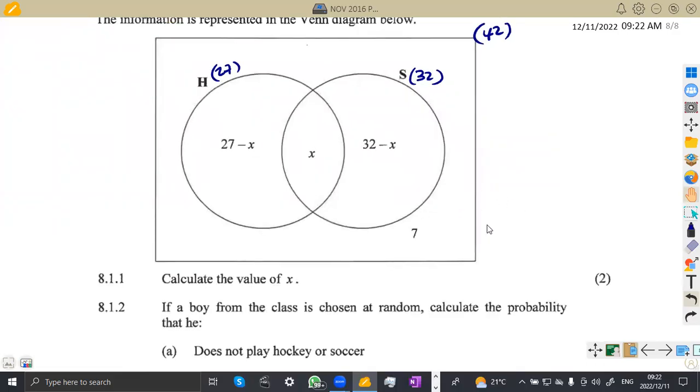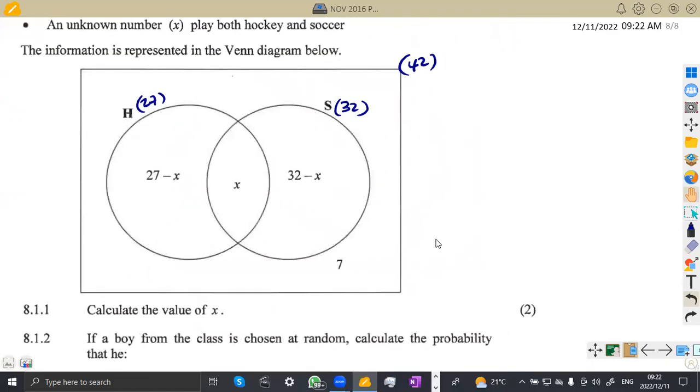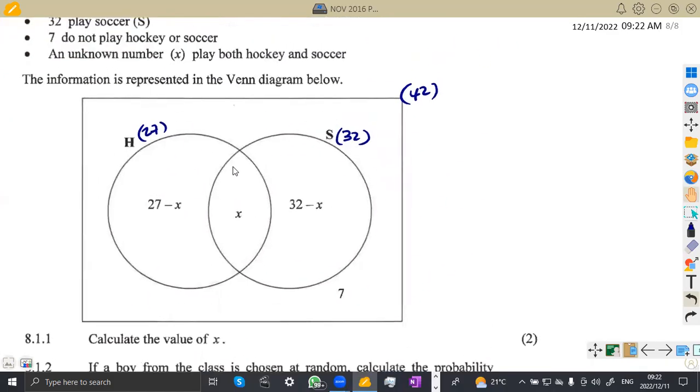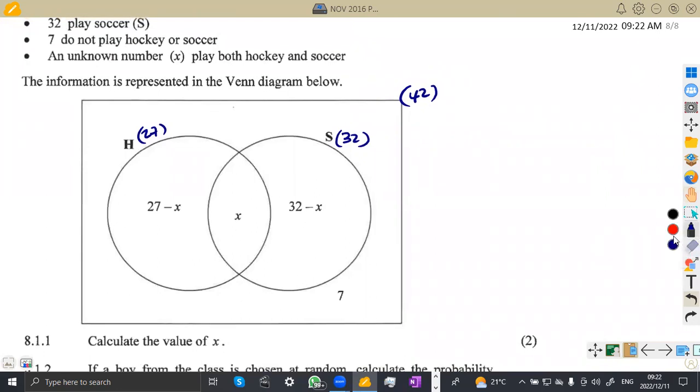So for you to calculate the value of X, guys, you can simply use the information that you are given, that the total of these boys is 42. So you can formulate an equation from this. That's 8.11. If we add everything, it must give us the total number of boys present, which is 42.